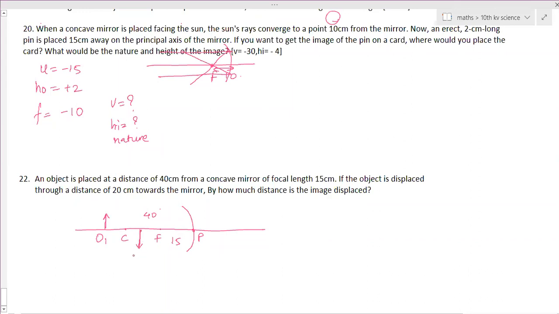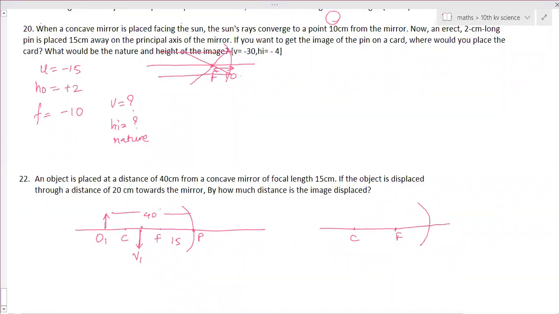That is V1, the first image position. Now the next condition: the object is displaced towards the mirror by 20 centimeter. This is F, this is C. Initially it is at 40 centimeter, now it is coming closer by 20 centimeter. So how much is the object distance now?